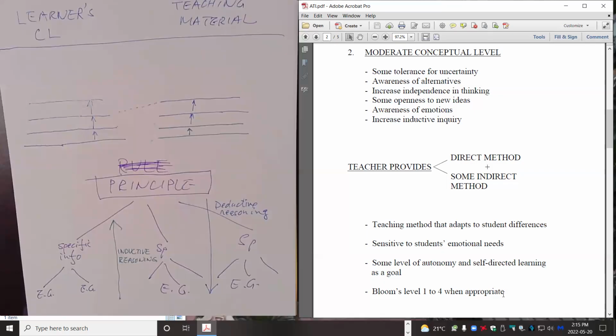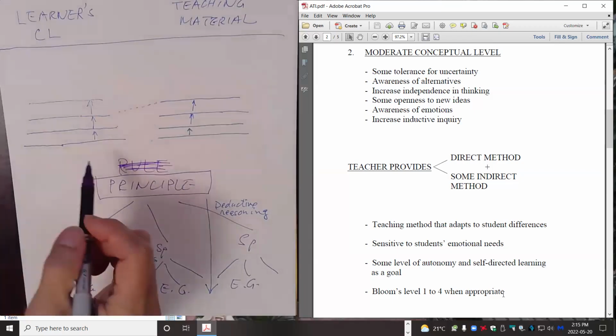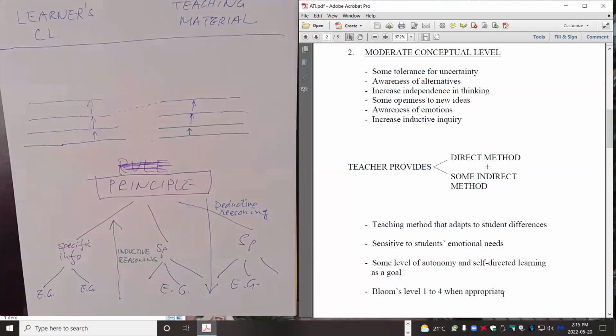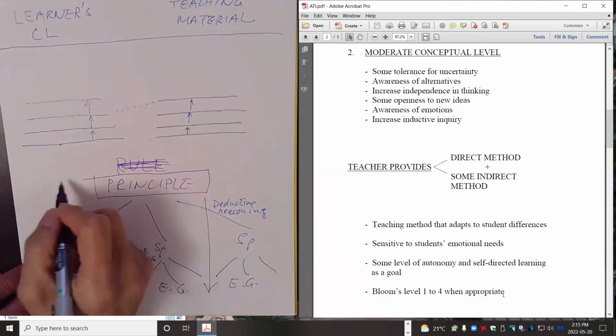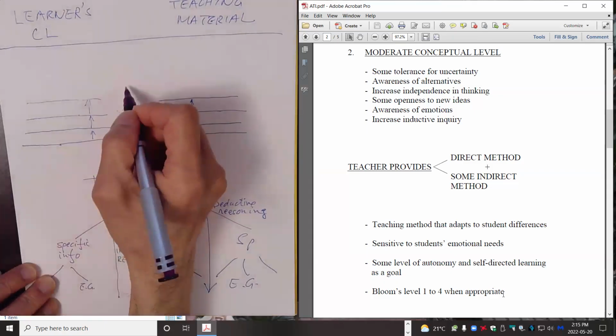Here, Bloom's levels 1 to 4, when appropriate. Remember, if you become a teacher, or you want to understand educational psychology a lot more, you should memorize Bloom's taxonomy.